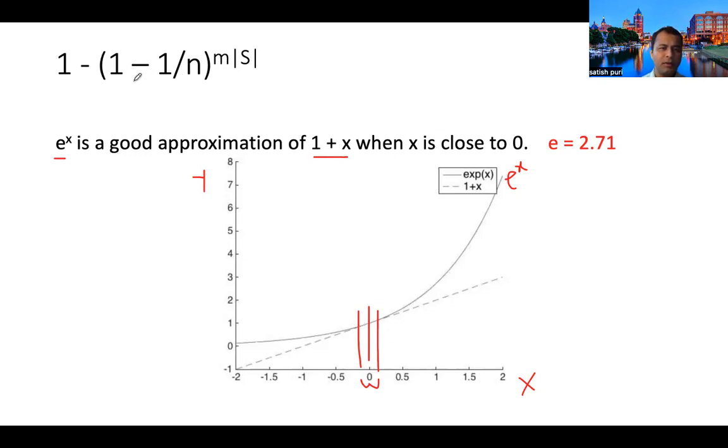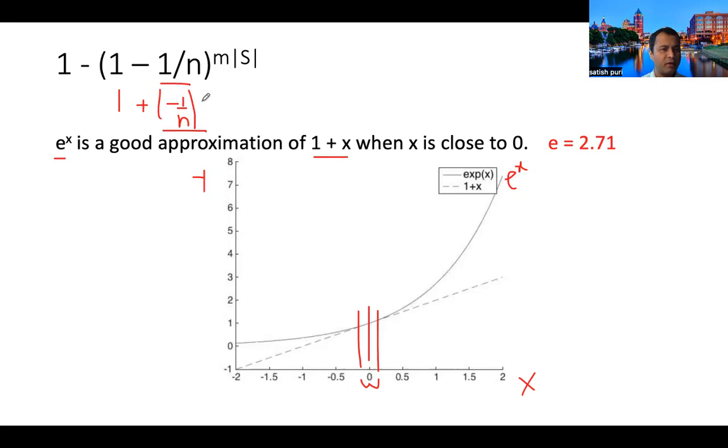Now this expression is also in the form of 1 plus x. It's hard to see, but it is. So you can say 1 plus minus 1 over n. This is like an x here, right? So it is in this form 1 plus x, where x is minus 1 over n. So with this form, we can use e to the power x.